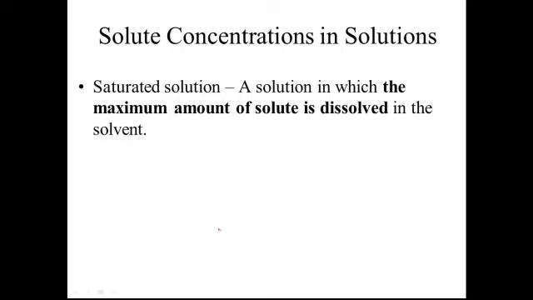Now, when we talk about concentrations in a solution, we need to talk about the saturation point, or a saturated solution. A saturated solution, and you've probably heard that word before, oh, it's saturated completely, means that the maximum amount of solute is dissolved in that solvent.